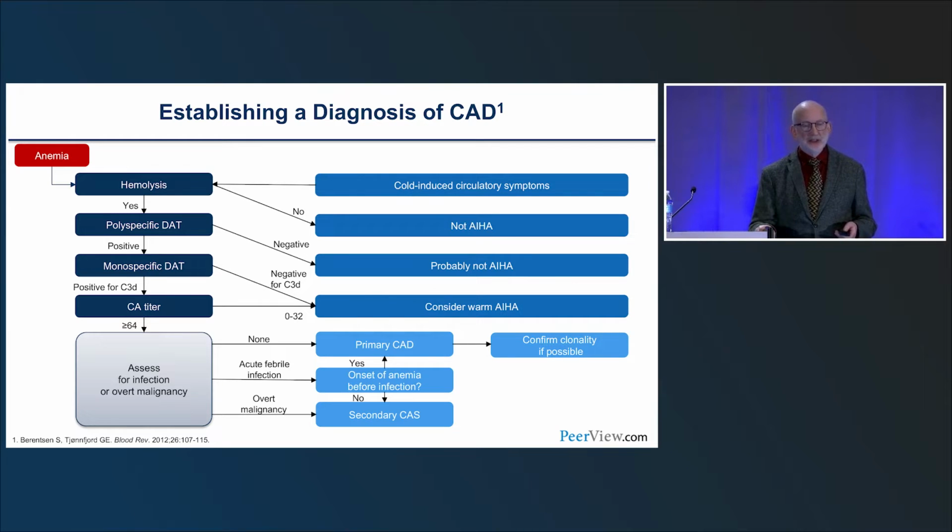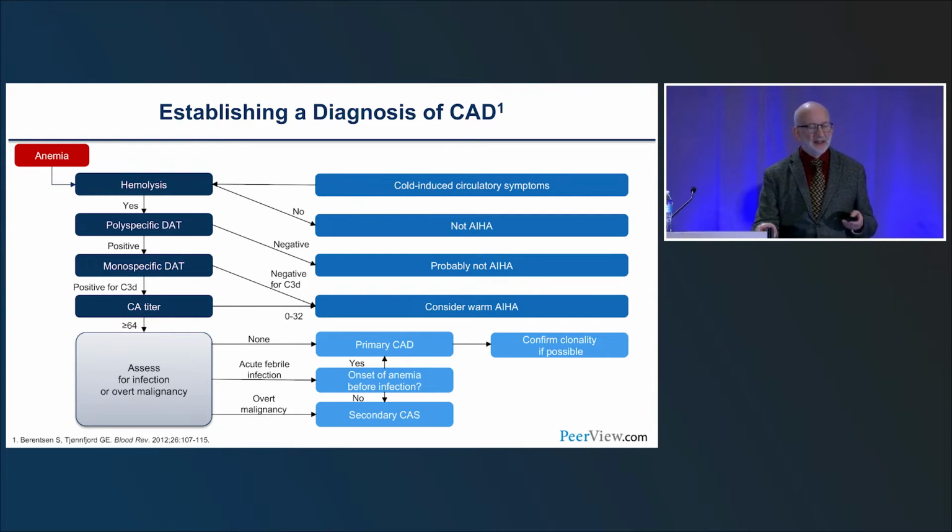And if that is positive, you have confirmed an autoimmune pathogenesis, and then the next step will be a monospecific, or so-called extended DAT, in which you do the DAT by means of monospecific antibodies against IgG, IgM, complement protein C3d and often C3c, and IgA. And then you will find a monospecific DAT positive for complement protein C3d.